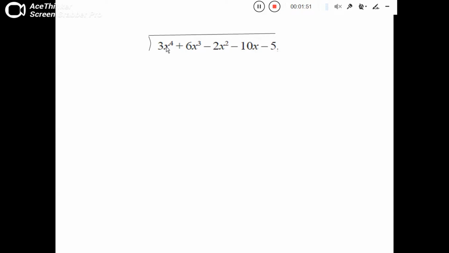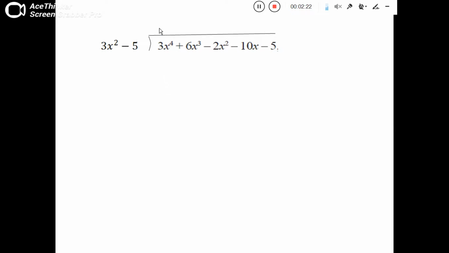So we do not require to make any changes in this polynomial, because x raised 4, x cube, x square, x and x raised 0 powers are already in descending order. Now take the divisor, which is 3x square minus 5, we have taken directly. So let us divide it.